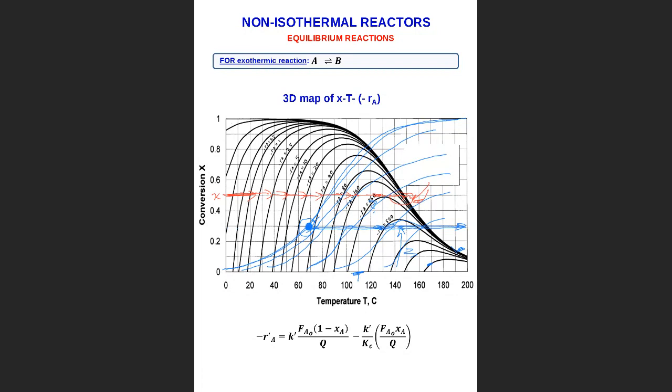Let's evaluate the adiabatic operating lines. For an exothermic reaction, the adiabatic operating lines will go like that. So I will see an increase in the rate due to the temperature and then a decrease in the rate due to the concentration effect. For the endothermic reactions, I am just going to see a decrease in the temperature. So I'm going to start at my high rates. The rate is going to decrease because of temperature and because of the drop in concentration due to the increase in conversion.